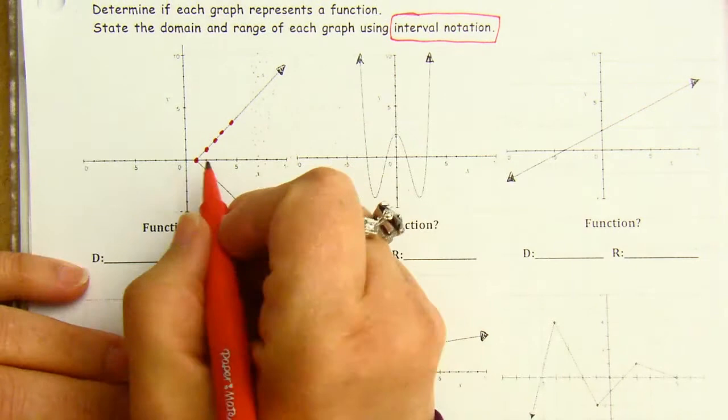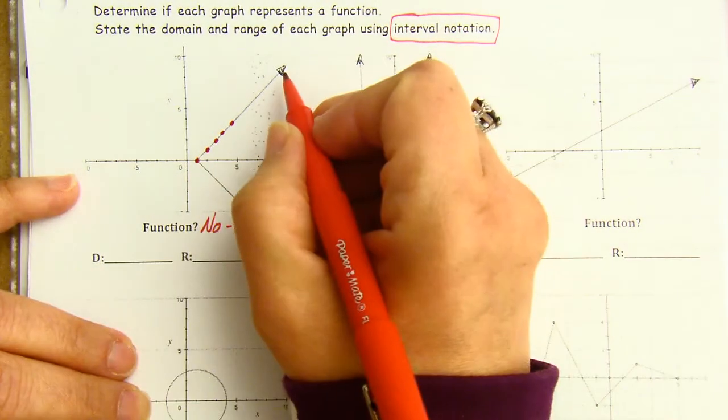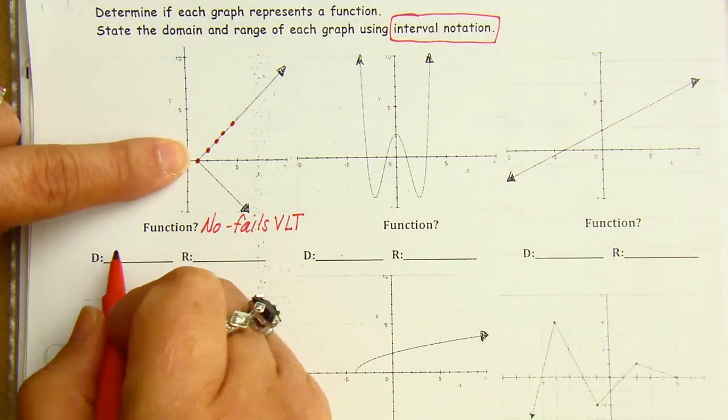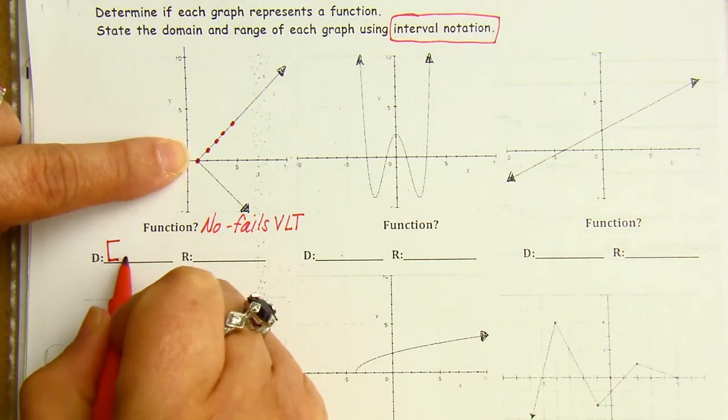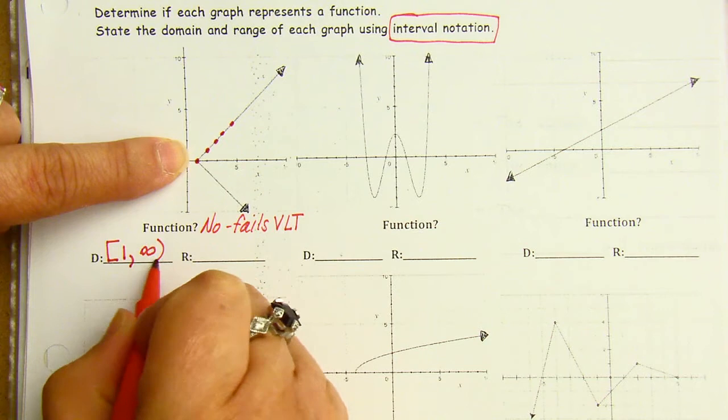And in fact, all the fractions in between those integers are on there. And this is going to keep on going, and so this goes to infinity. It starts at 1. We're going to use a bracket because it is included, and we're going to infinity.